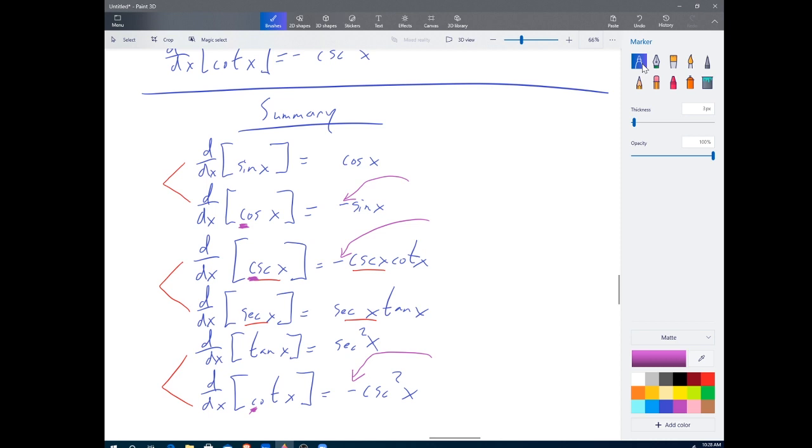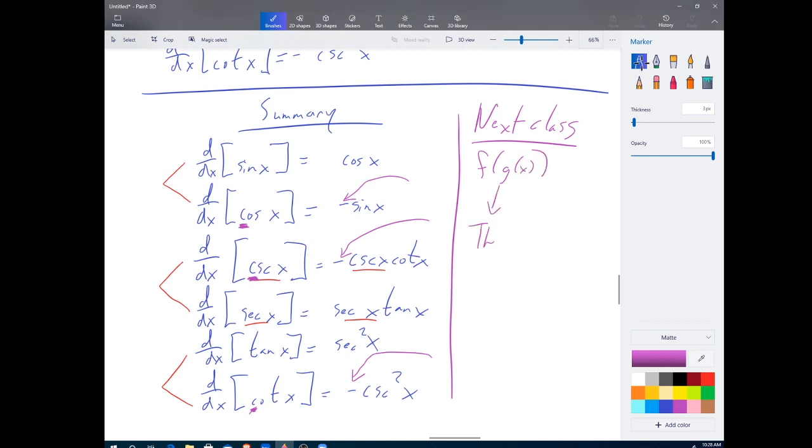Next class, just for a preview, we are going to do the functions that look like this. And the rule there is called the chain rule. And we'll explain why next class. And we'll go through that last composite function.